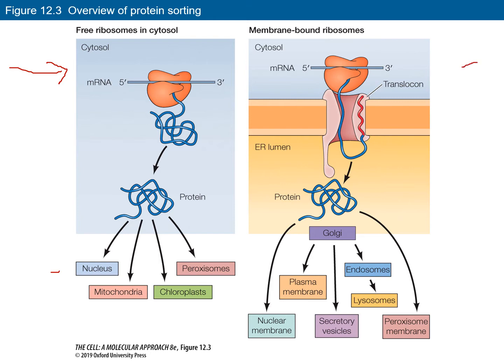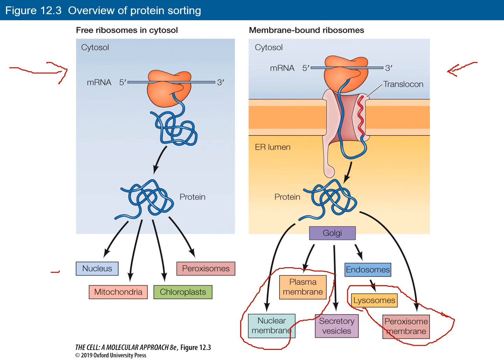And the products of the ribosomes attached to the endoplasmic reticulum go inside the Golgi, and then they are designed for the nuclear membrane or plasma membrane or endosomes, lysosomes, and peroxisome membranes, mostly the membranes. Endosomes, we will learn later on, actually give rise to lysosomes.